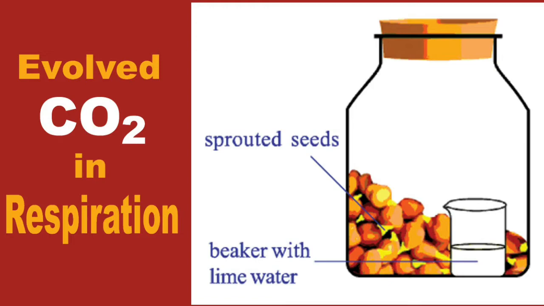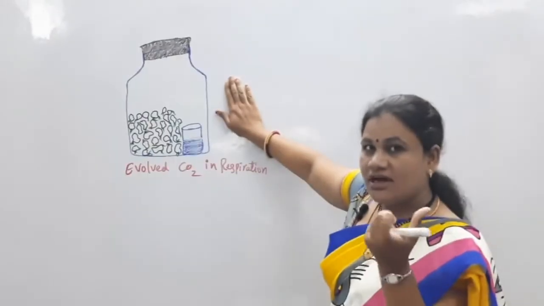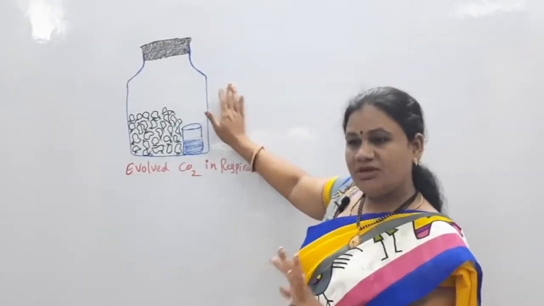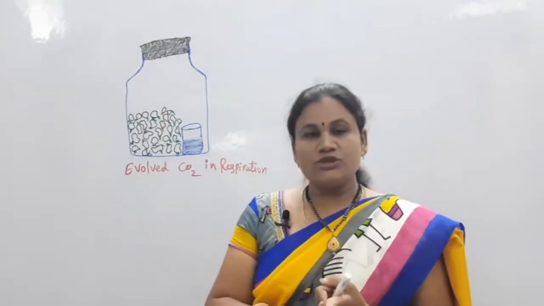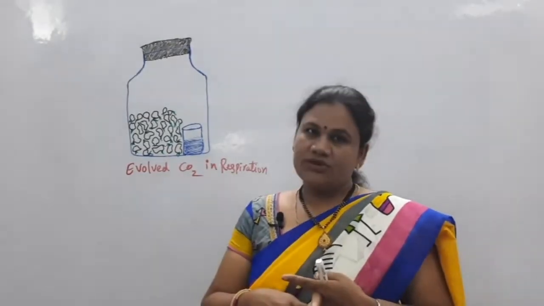Slowly keep this small beaker of lime water within the glass jar as shown in the figure. Make an identical set with unsprouted seeds, the same setup, but containing unsprouted seeds.